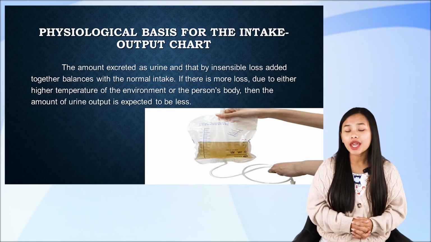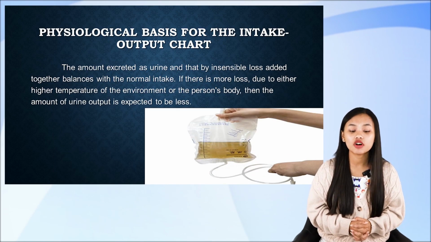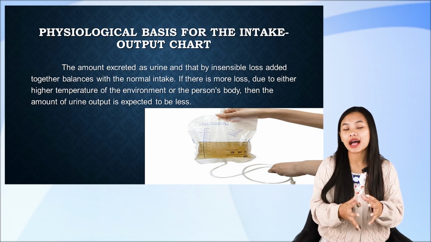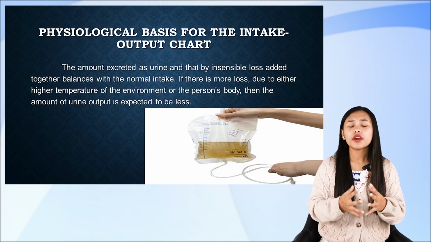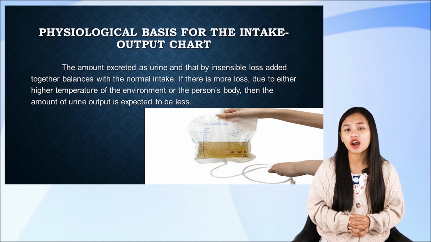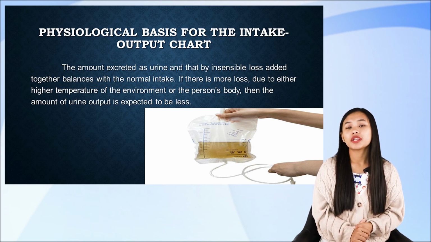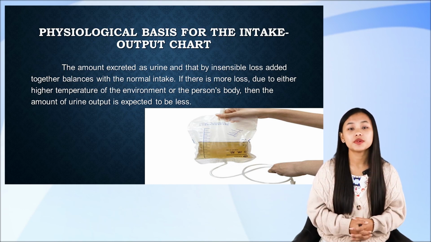So here, if we add the amount of urine excreted as well as the insensible loss, then together it will balance the normal intake. However, if there is more loss due to the high temperature of the environment or of the patient's body, then the amount of urine output can also be expected to be less.